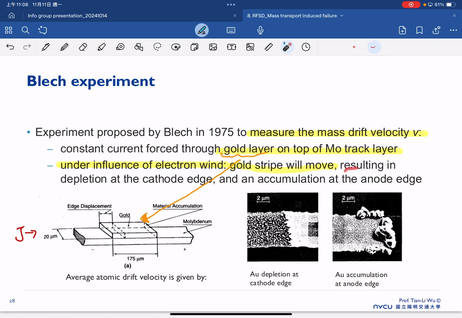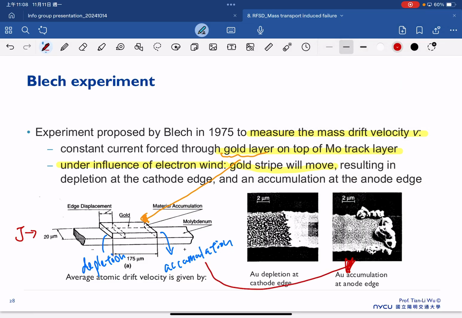This will result in depletion at the cathode, so that means depletion in this region, and also accumulation on the other side here. So that's the experimental result. We can see there's an accumulation of the gold stripe layer on the other side.